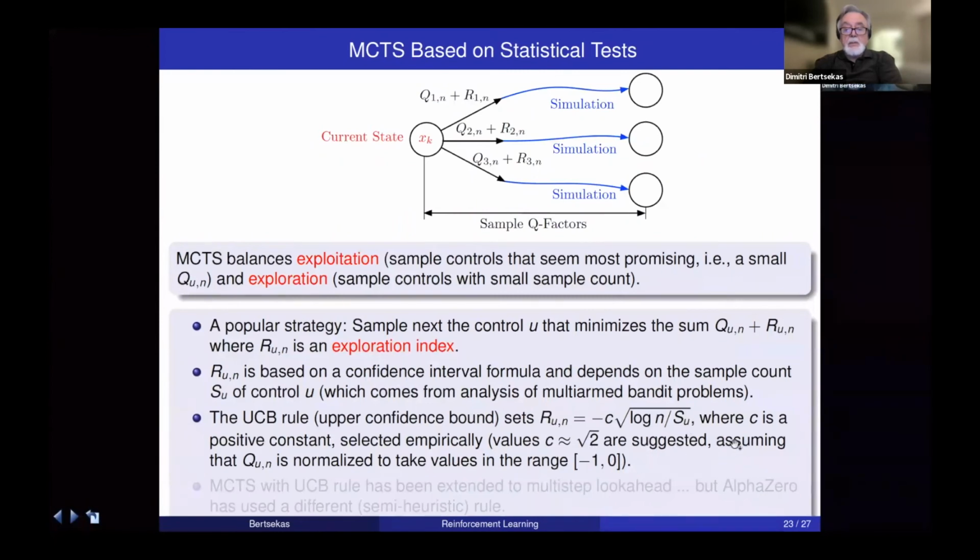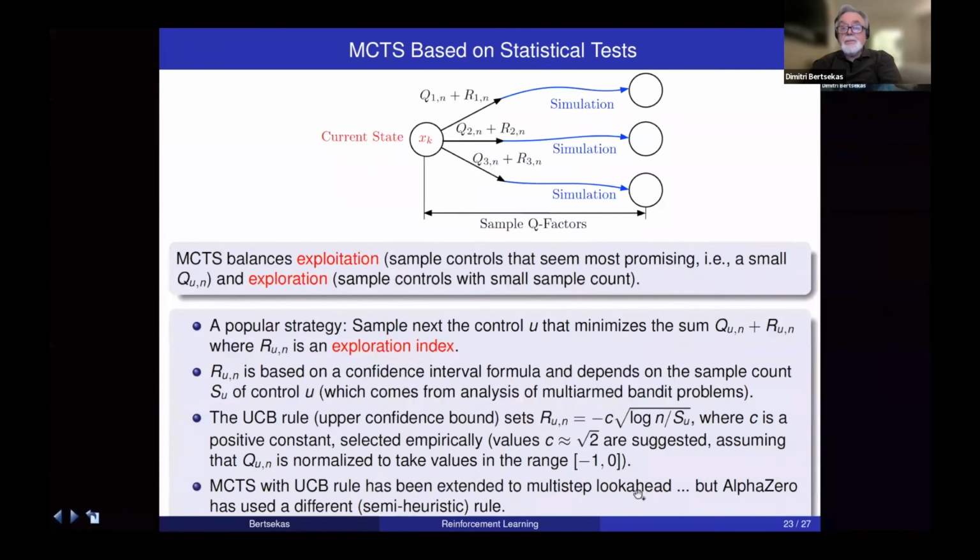However, people play around with other values also. Assuming normalization, there are a number of rationales here for selecting C and also for this formula. Upper confidence bound rules have been extended to multi-step look ahead. There's another rule called UCT, upper confidence tree bound, something like that.